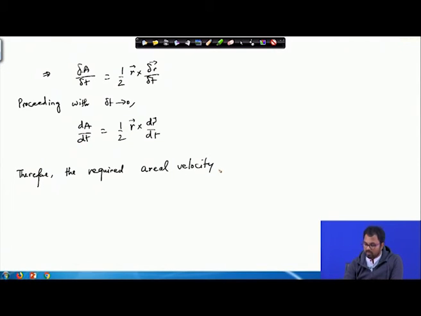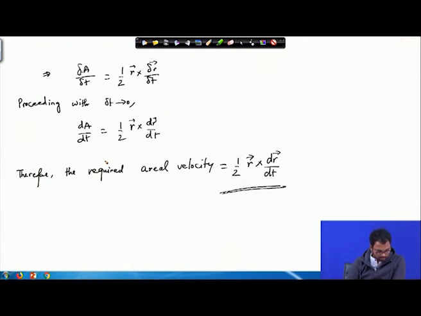So, the aerial velocity is basically 1 by 2 r cross product with dr dt, and this is the required aerial velocity for this point P, whose position vector is given by vector r. All right.